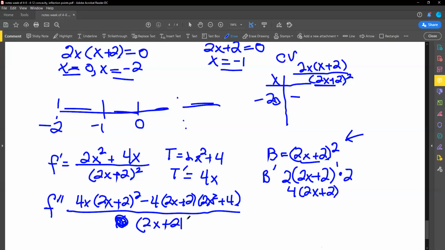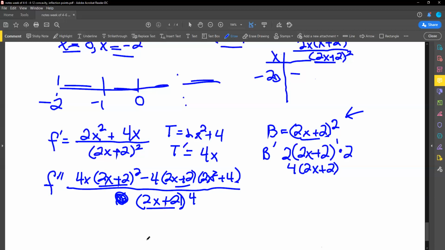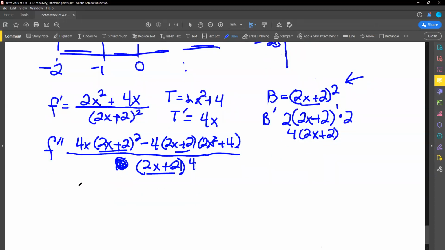All right, so one of the first things I notice is that 2x plus 2 is in every term. So you can take one out. If you divide every term by 2x plus 2, I get 4x, and I take one away, so I have 2x plus 2 to the first, minus 4.